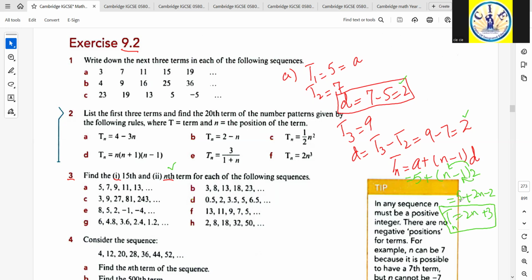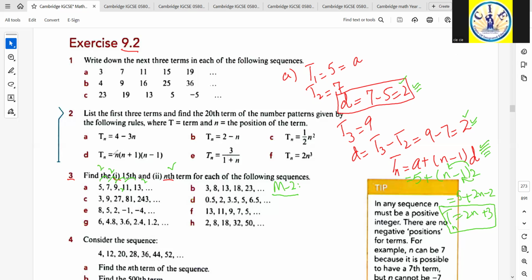Now we can find this nth term of an arithmetic sequence in another way. Method 2. Once we have calculated the difference, we have seen that the difference between any two consecutive terms is the same: the difference between 13 and 11 is 2, between 11 and 9 is 2, between 9 and 7 is 2, and between 7 and 5 is 2.